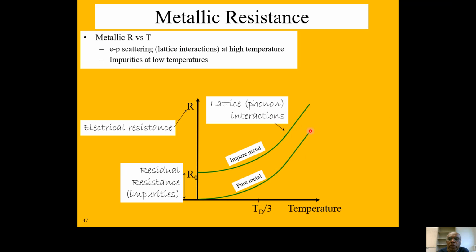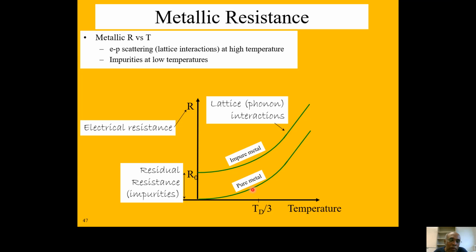That's mostly due to electron-phonon interactions, right? When you get to much lower temperatures, less than the Debye temperature, they show something like T to the power 5 temperature dependence of resistance.